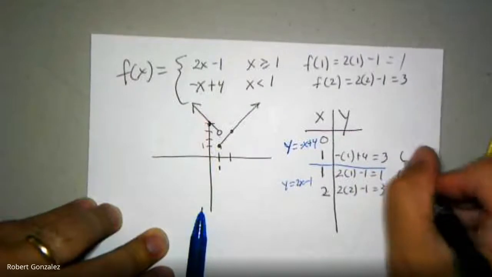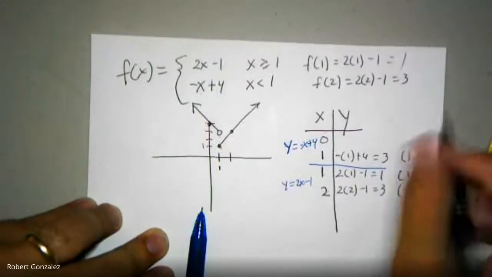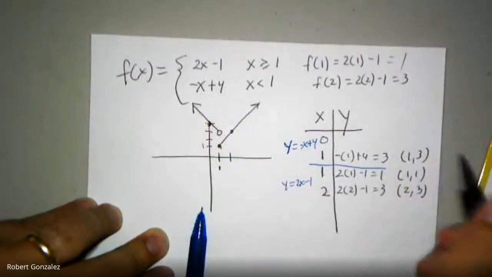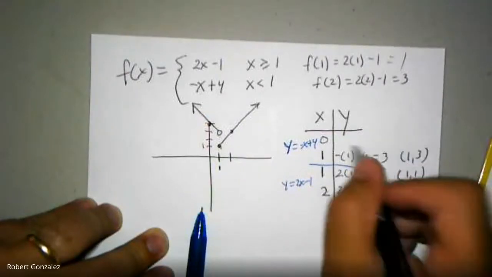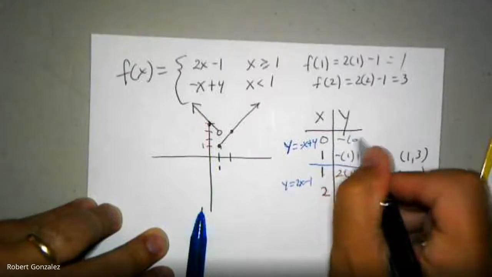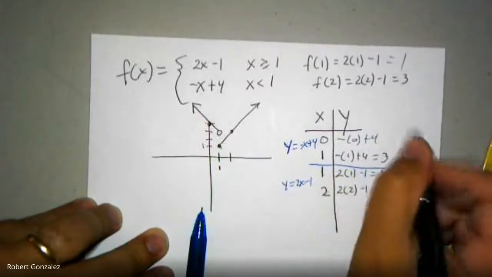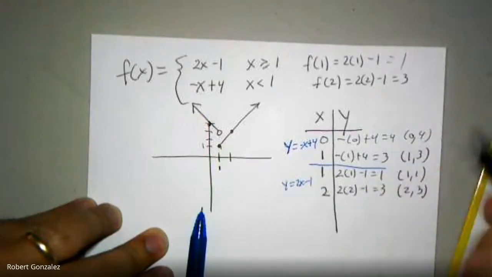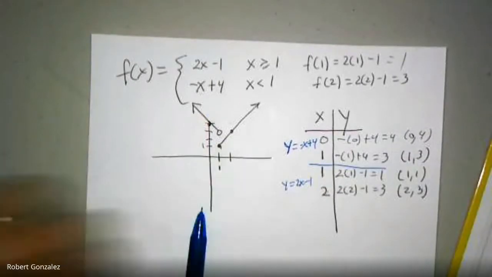This is the point 1 comma 3. But it has an open circle because 1 is not really in that part of the domain. Here I've got negative 0 plus 4, and that's 4. And 0 comma 4. And those are the 4 points I have graphed on here. And then I drew my lines.